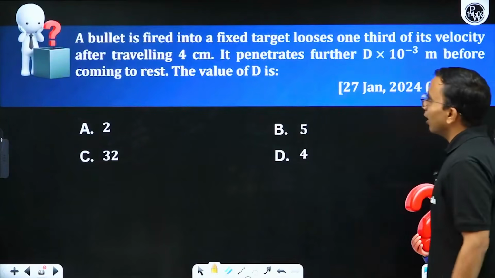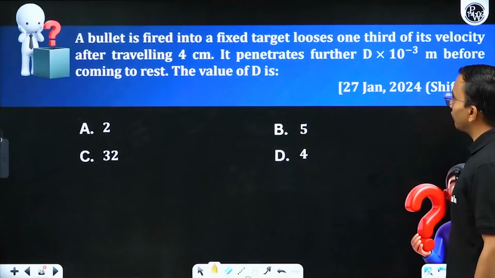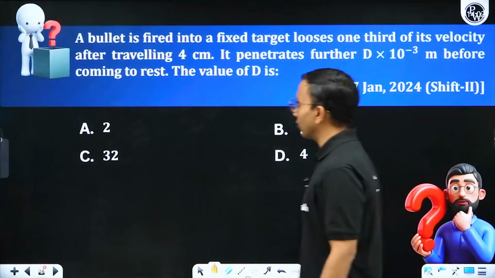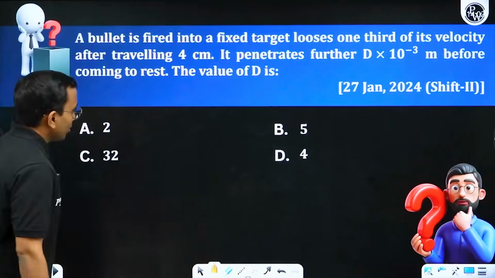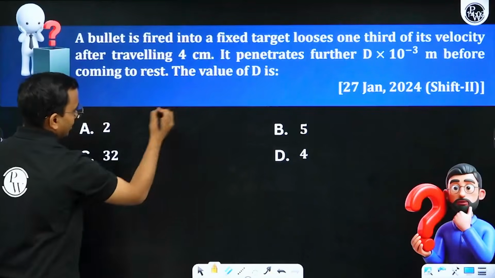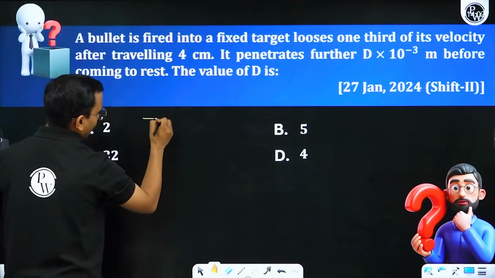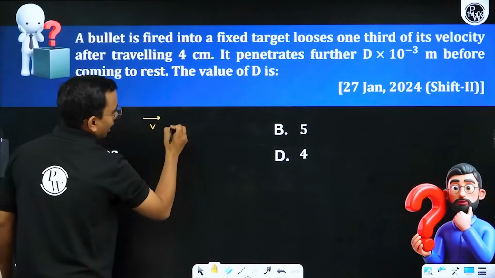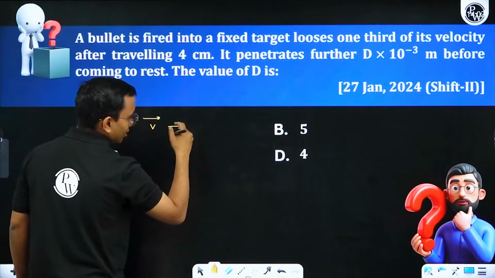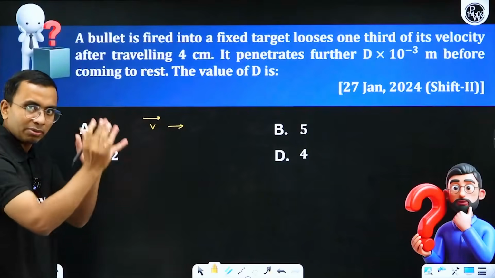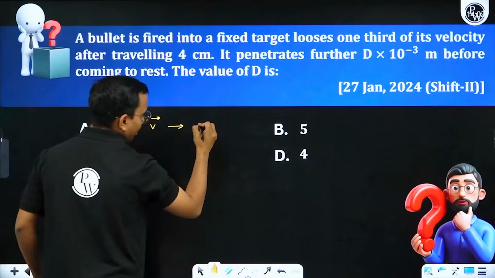Coming to the question: a bullet is fired into a fixed target, loses 1/3 of its velocity after traveling 4 centimeter. So let us take the bullet is traveling, loses 1/3. I am saying that the initial velocity was v, and loses 1/3 means the final remaining is v minus v by 3, so 2v by 3 is remaining.